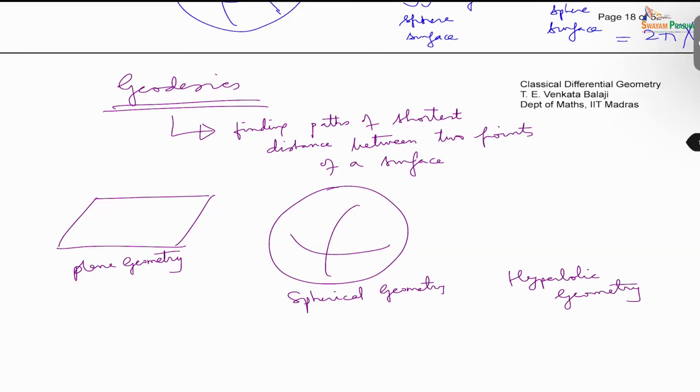Okay. And you can imagine that this is trying to understand a negatively curved geometry. So here the curvature is 0, here the curvature is positive, and here the curvature is negative.